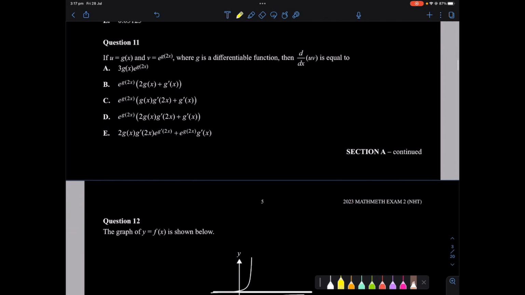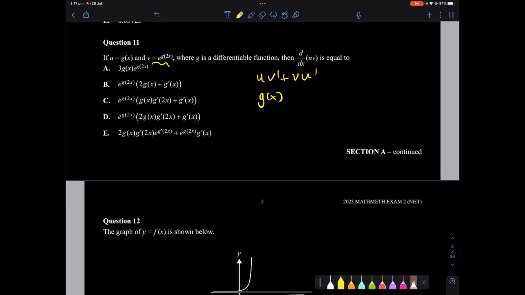Next question. Question 11. If u is this, v is this, where g is a differentiable function, then d/dx. Okay, so the product rule: u v dash plus v u dash. So what's u? It's g of x. What's v dash?